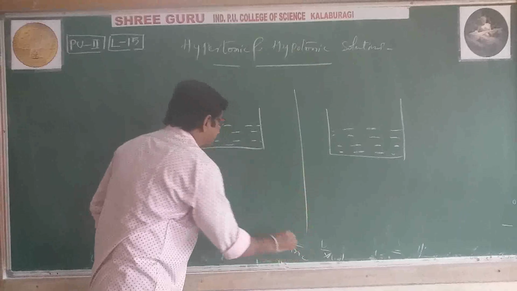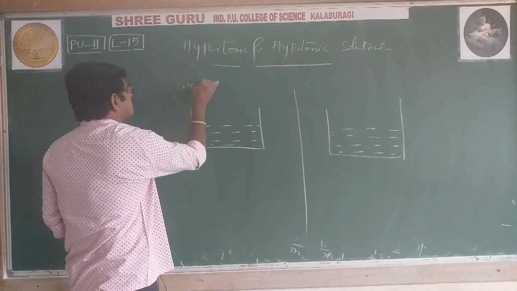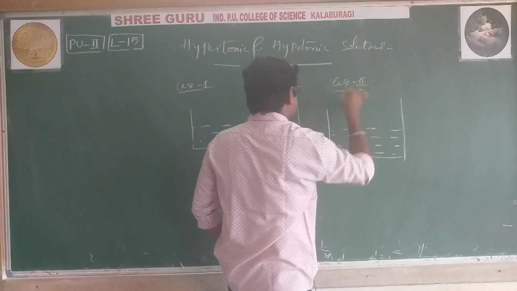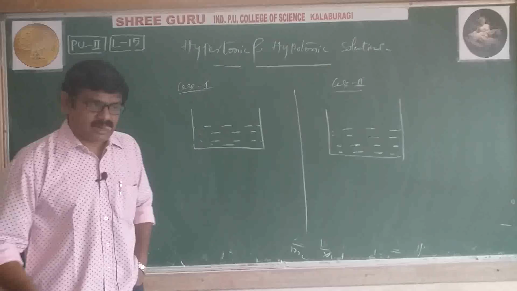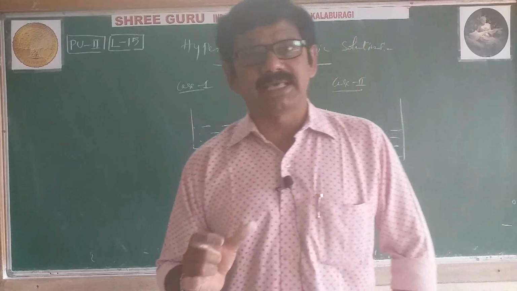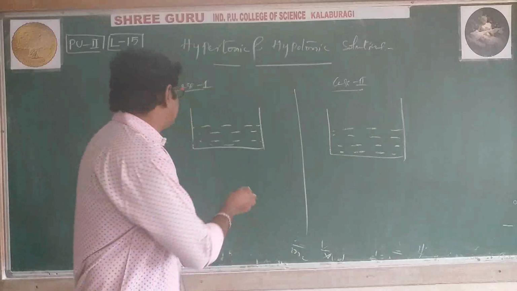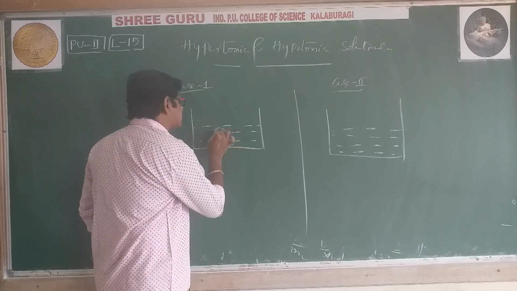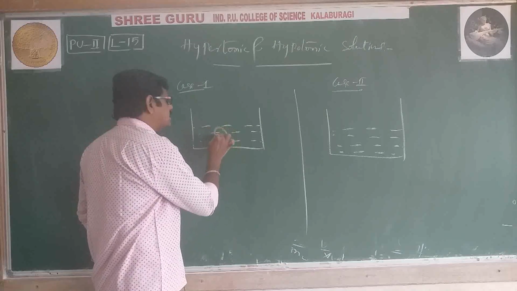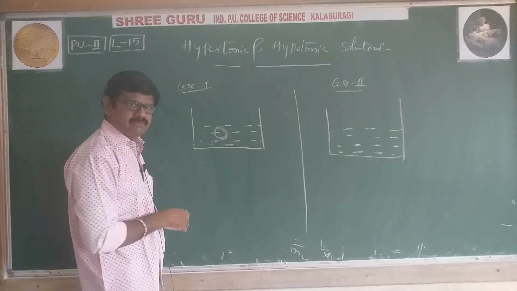First we'll discuss case 1, next we'll go to case 2. Now what I am doing: an animal cell or plant cell will be kept in the first sample.